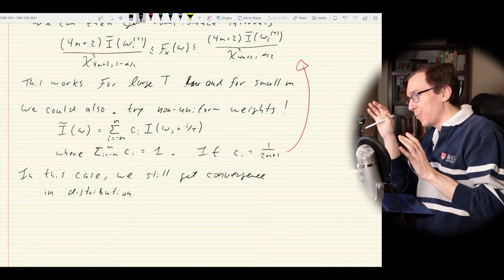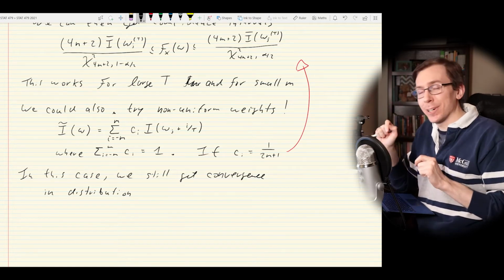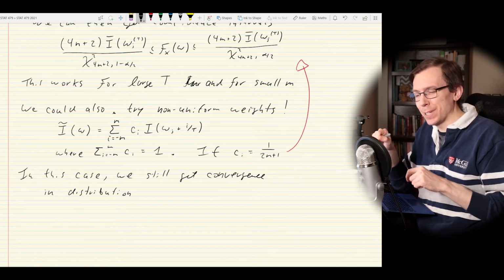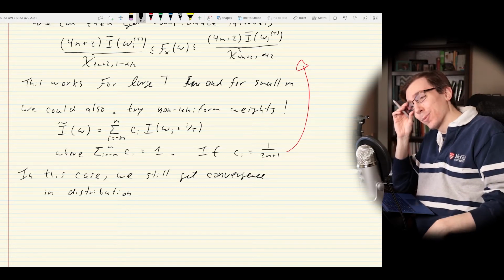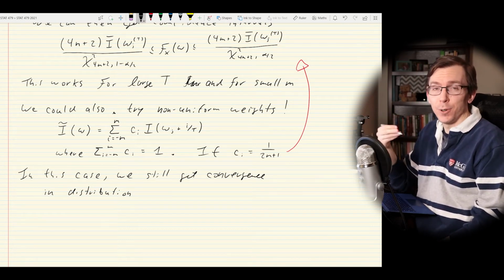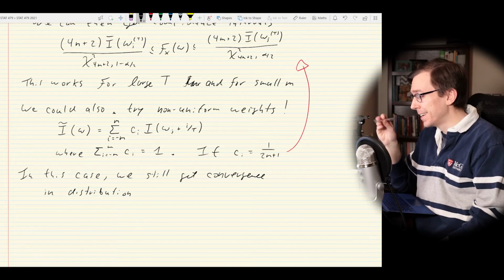But there is one issue. We're not going to get a chi-square distribution. We're going to get a weighted sum of chi-square distributions, which is kind of annoying to work with when you want to compute critical values, thresholds, p-values, things like that.